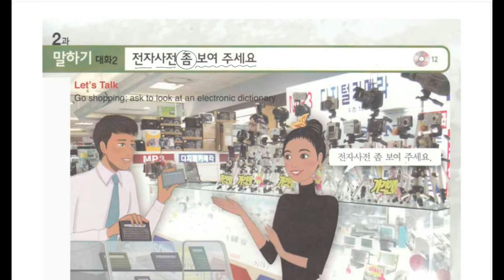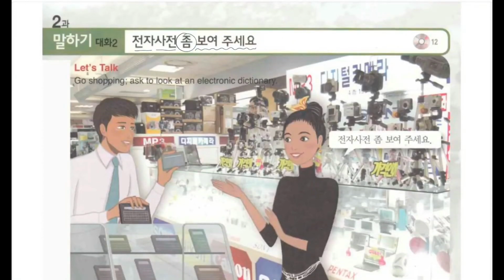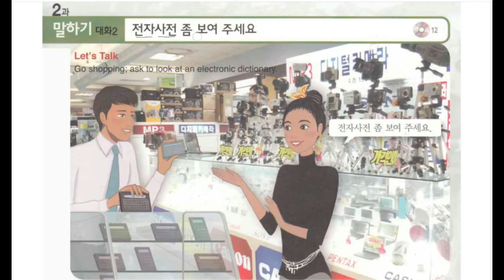자, again, when you ask, can I see some electronic devices, electronic dictionaries? She also used 좀 here to be polite. 자, 그리고 여기 보여주세요.